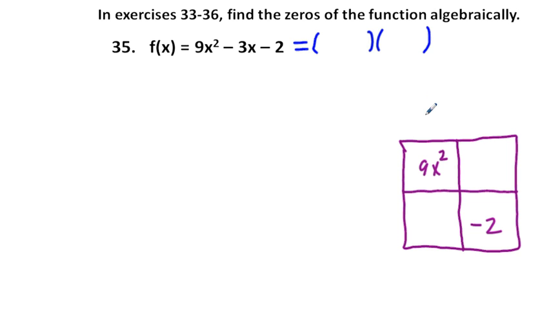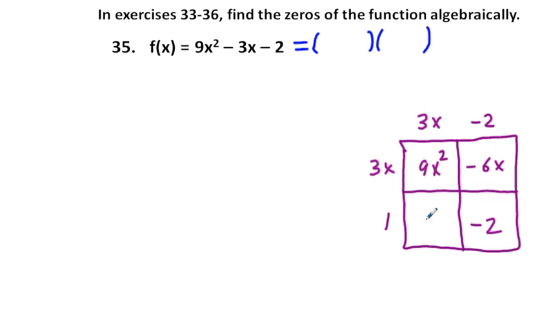But for 9x squared, we can just try 3x and 3x as our factors here. And then we can just try different factors of negative 2. So if we try negative 2 here, and we put 1 here, we get negative 2 times 3x is going to give us negative 6x.